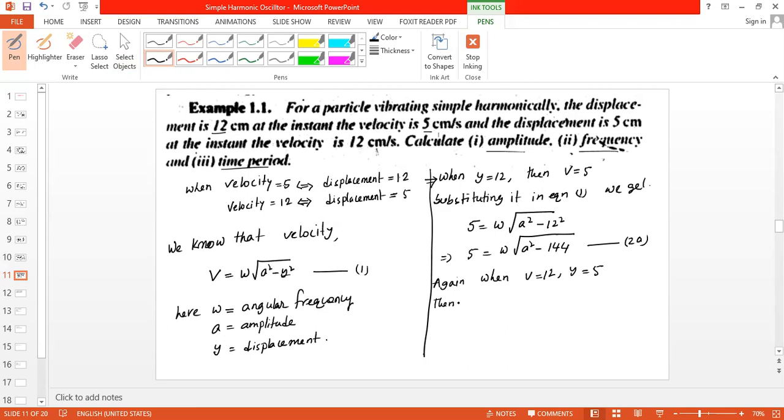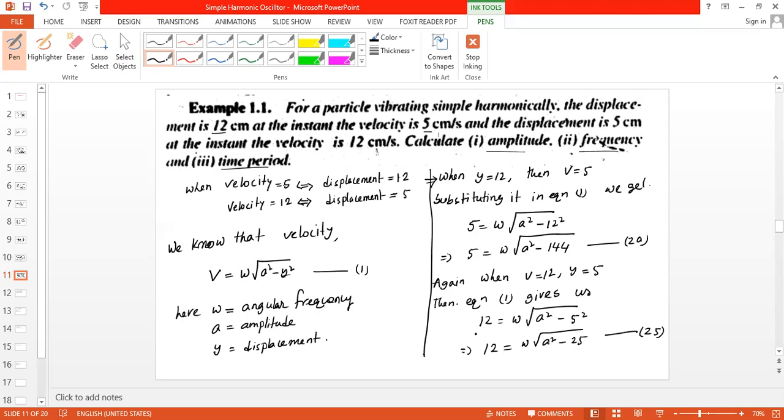Then equation 1 gives us omega into square root of a square minus 5 square. So that means 12 equal to omega square root of a square minus 25. So this is equation number 2b.